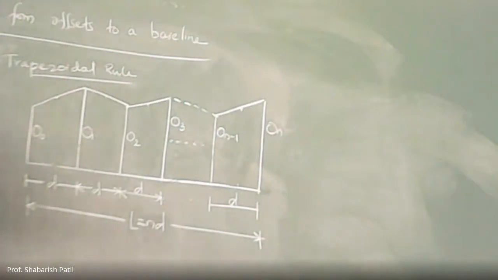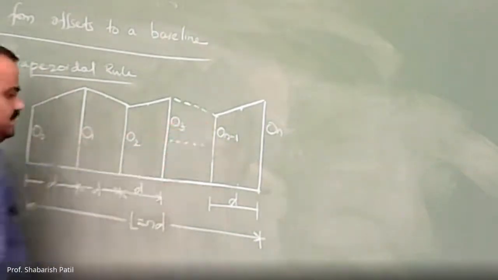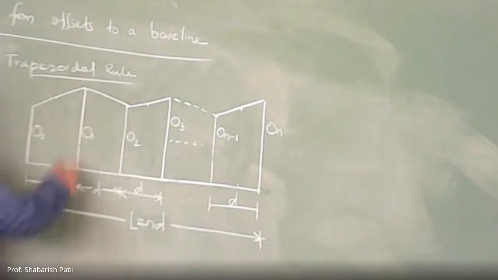In the trapezoidal rule, we consider each segment as a trapezoid.